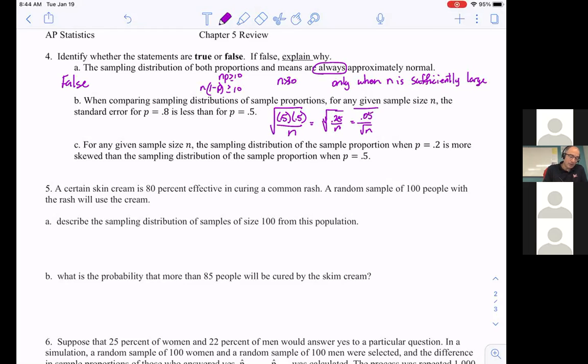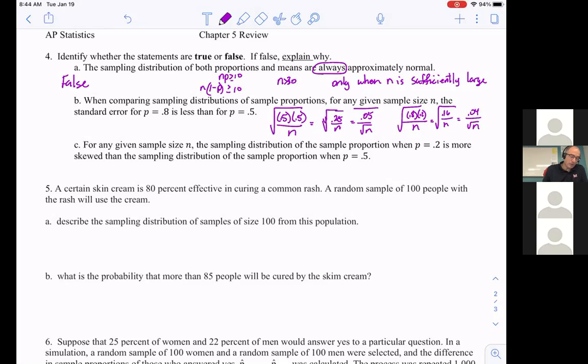So let's do the same thing and compare that with 0.8. Up here, we're going to have 0.8 times 0.2 divided by n, which is the square root of 0.16 divided by n. And so this is going to be 0.04 divided by the square root of n.